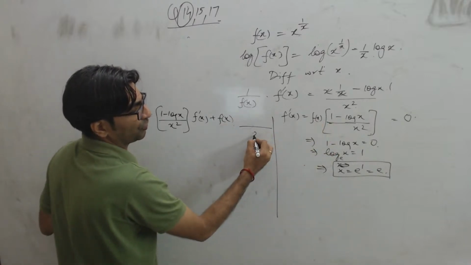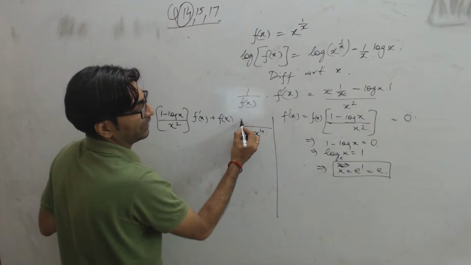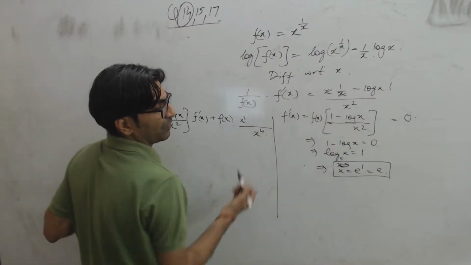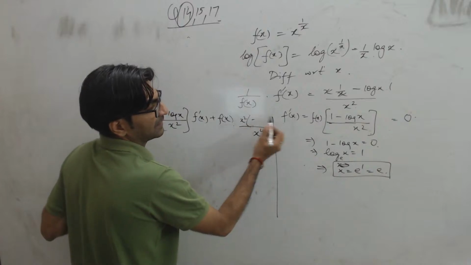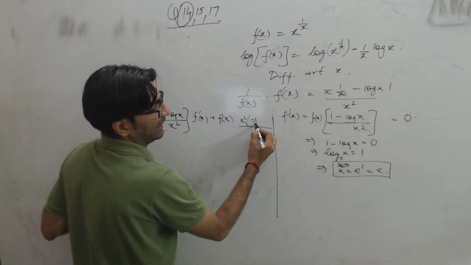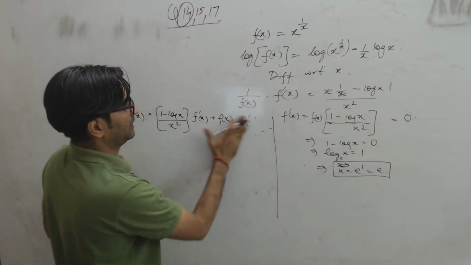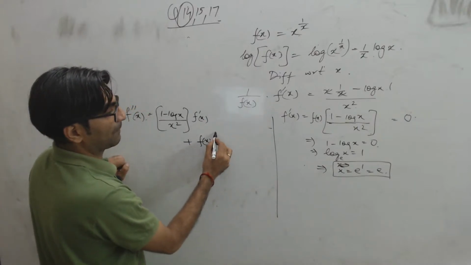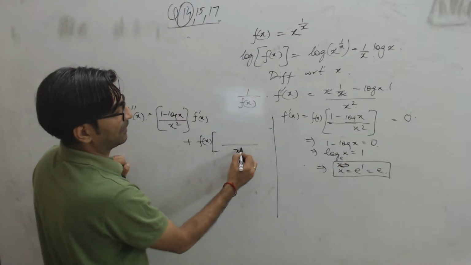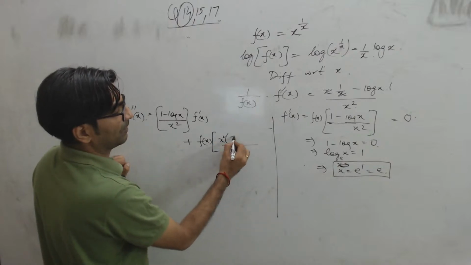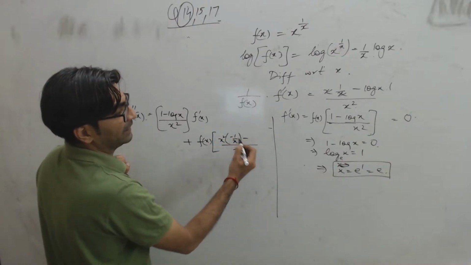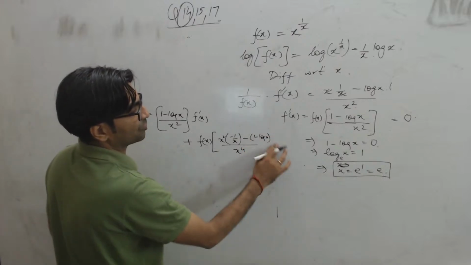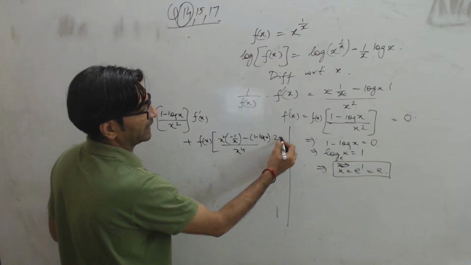Obviously using the quotient rule, x power 4 into x square. Numerator will be x square into differential of this. Differential of 1 is 0 minus differential of log x, which will be 1 by x. Maybe write it below, plus f(x) into x power 4, x square into minus 1 by x, minus 1 minus log x into differential of x square, which will actually be 2x.